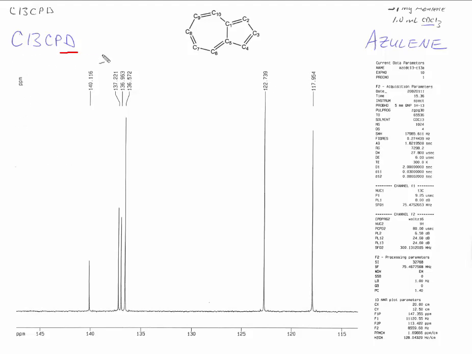That's why typically, for carbon, we do what's called a CPD experiment. And you'll see each carbon with a unique signal. So it's a singlet for each carbon. Here I've labeled the peaks so you can see the values. We've got 1, 2, 3, 4, 5, 6 peaks here. So there must be 6 unique carbons.